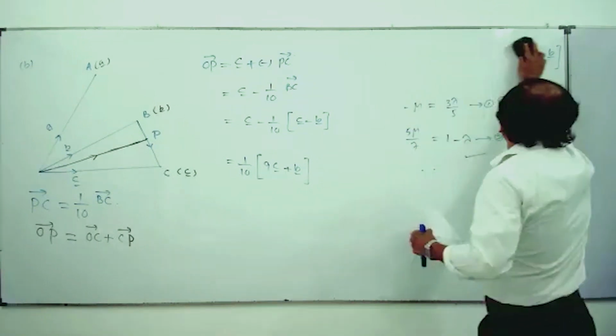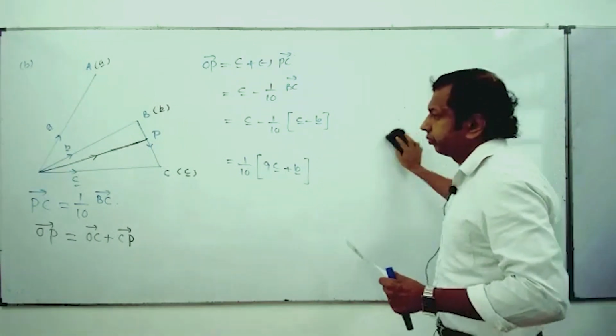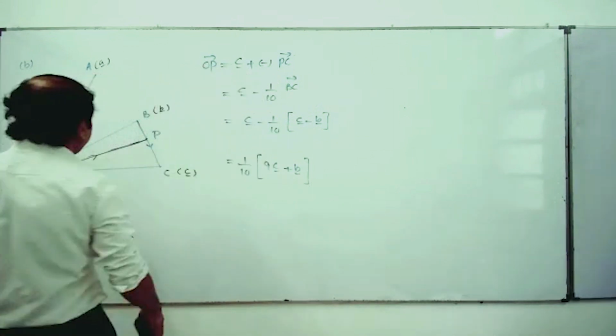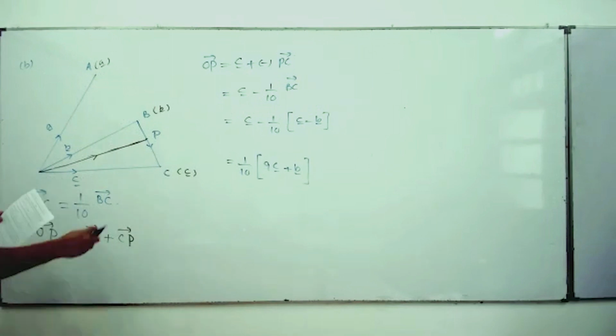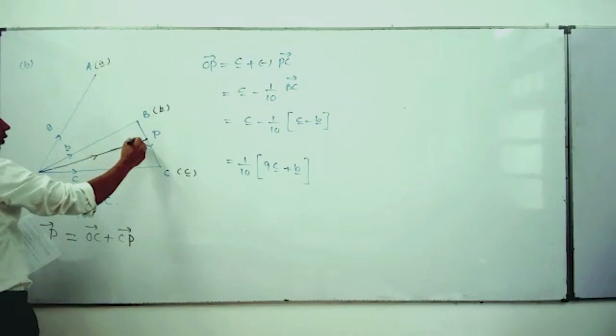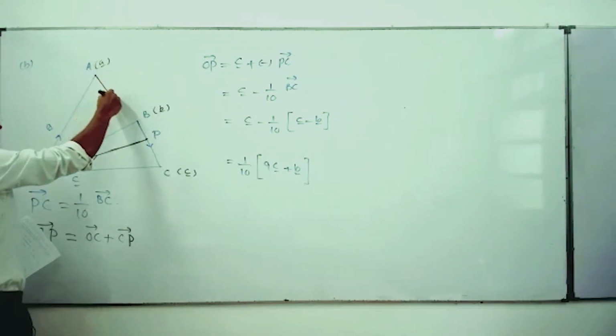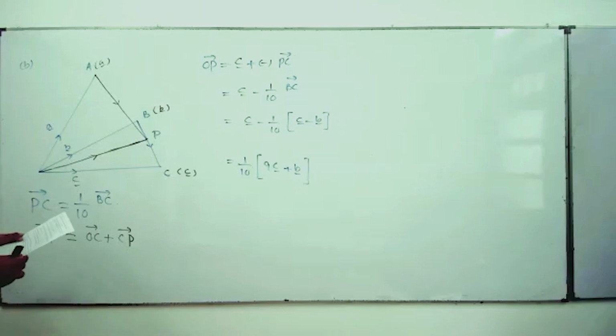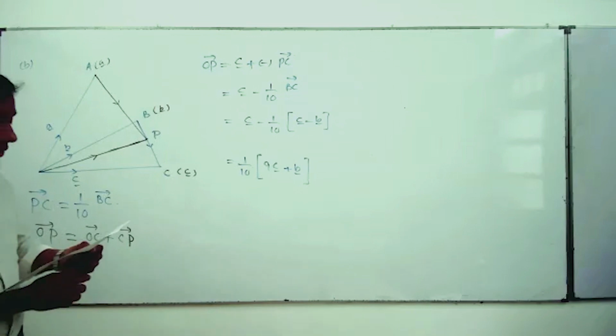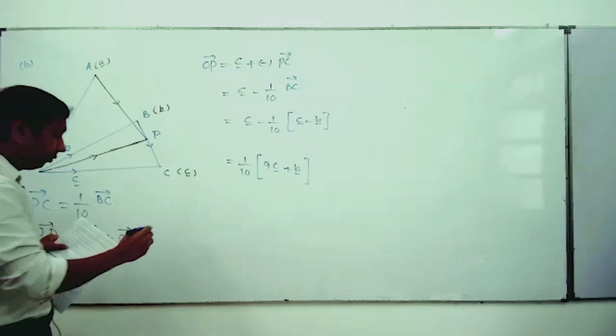AP vector is really this vector, from A to P. AP vector and BC vector are perpendicular.